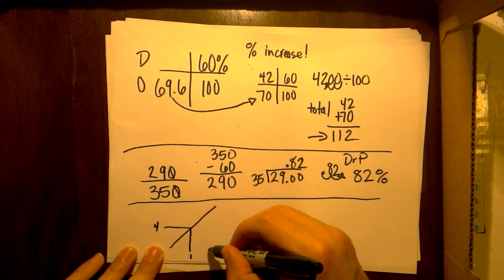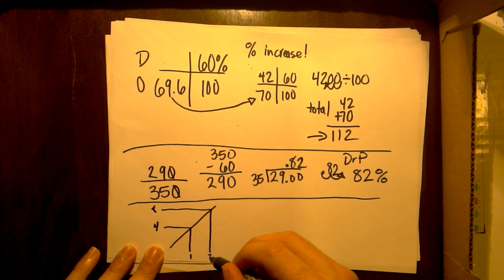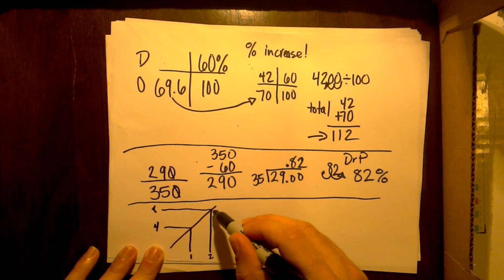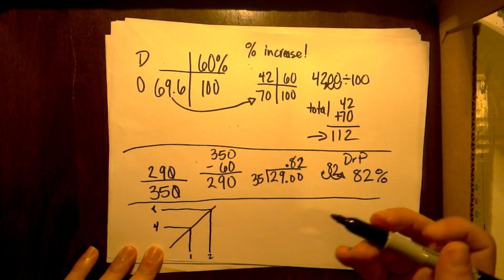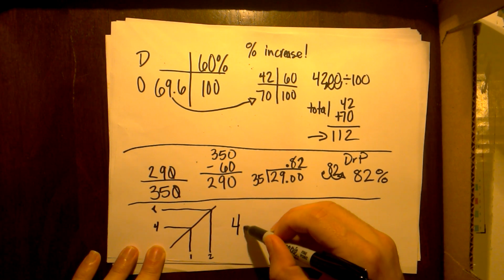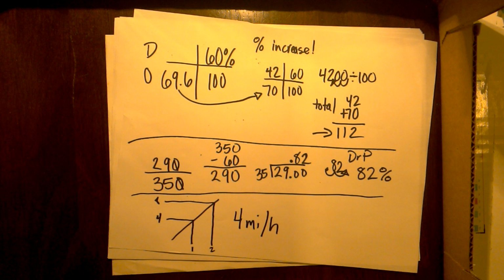Then I go over here: 2 hours, 8. So in 1 hour, she goes 4 miles. In 2 hours, she goes 8 miles. So what is her rate? Okay, it's a simple 4 miles per hour.